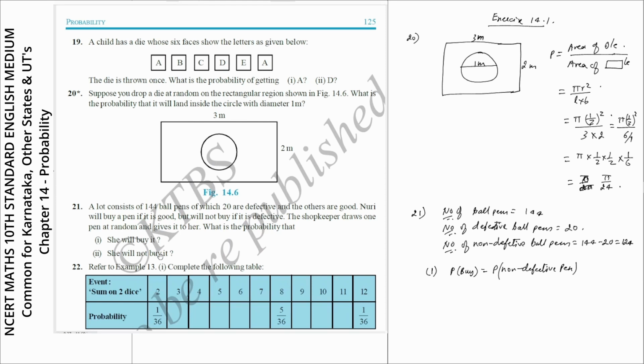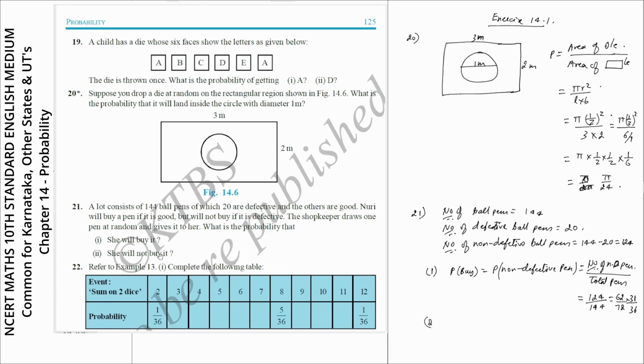So probability of picking a non-defective pen will be simply equal to number of non-defective pens divided by total pens. Number of non-defective pens is 124, and total number of pens is 144. So you can simplify this one. 2 6s are 12, 2 2s are 4, 2 7s are 14, 2 2s are 4. Again you can simplify. 2 3s are 6, 2 1s are 2, 2 3s are 6, 2 6s are 12. So 31 by 36 is the probability.